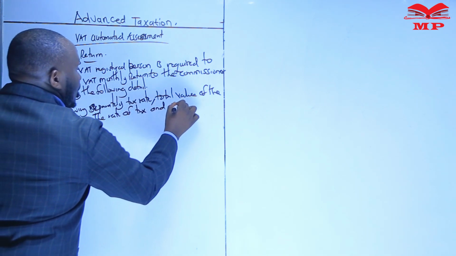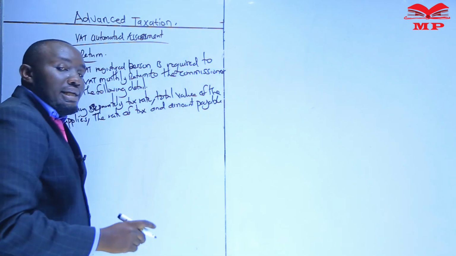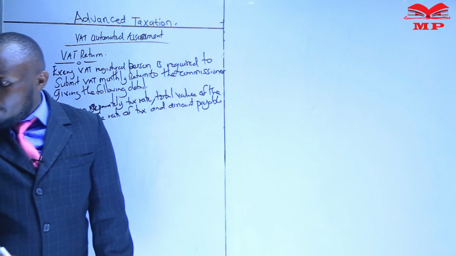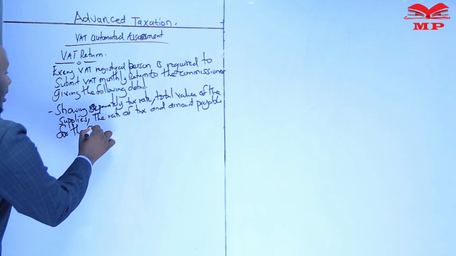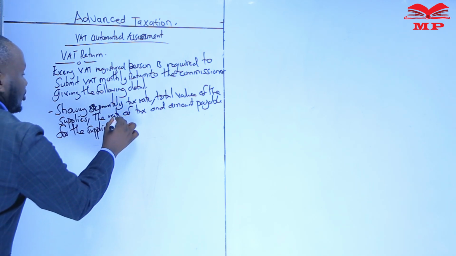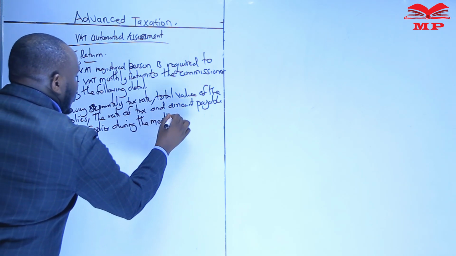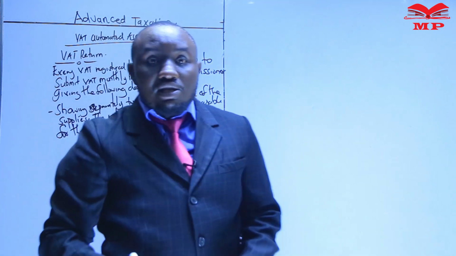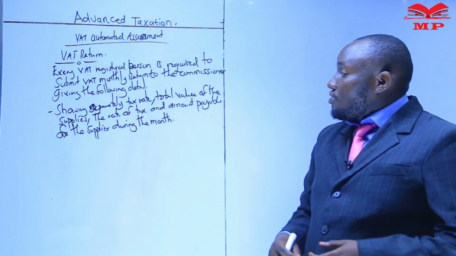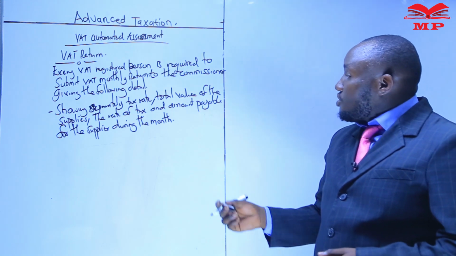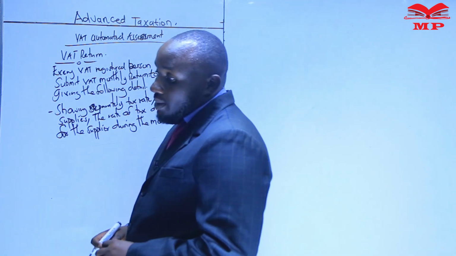And we say amount payable for the supplier during the month. As we present the VAT return that is done monthly, we know that VAT should be filed on the 20th of the following month. Some of the details we say are the tax rate, value of the supplies, the rate of tax, and amount payable for the supplier during the month.